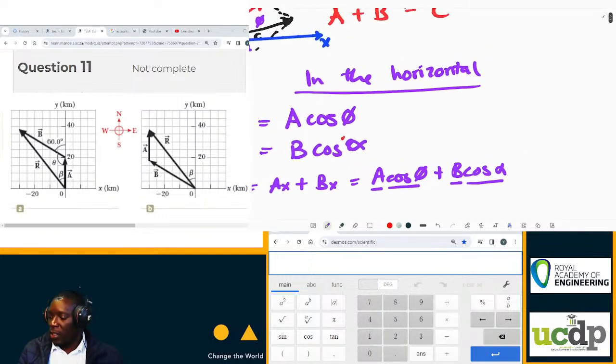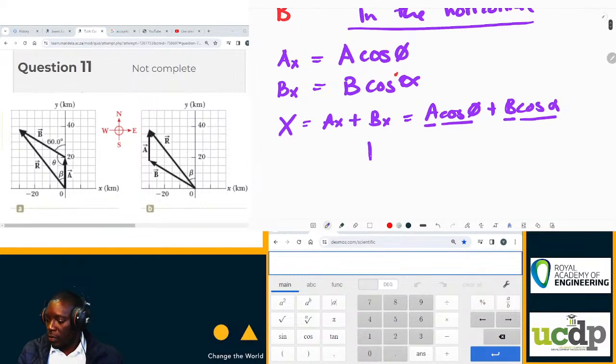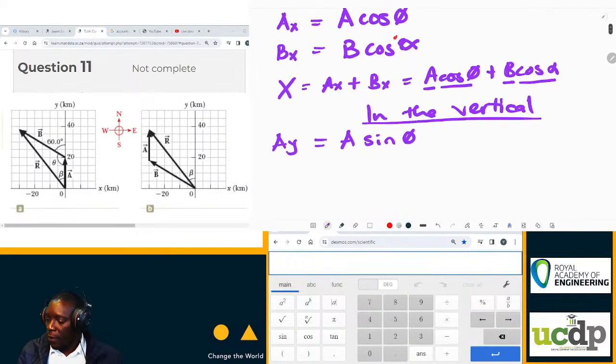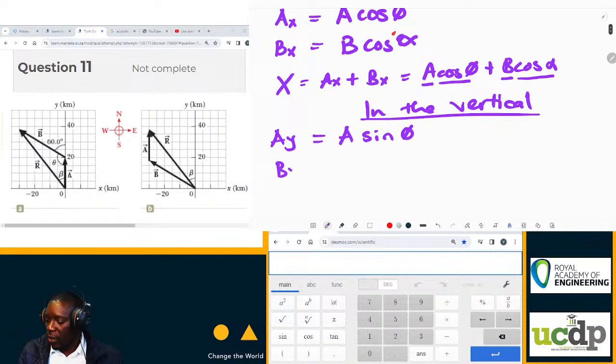So in the vertical direction, we have the same thing, ay, a component in the y, and this component is A sin phi, whereas we also have by, which is minus B sin alpha.